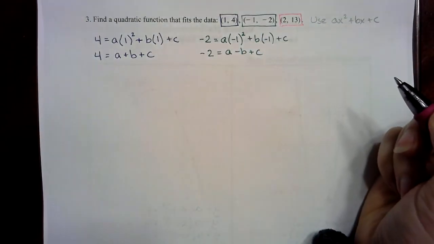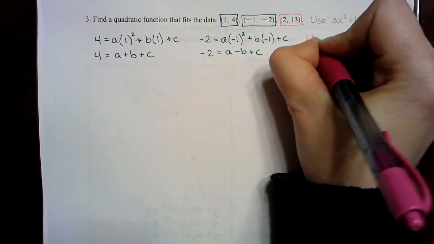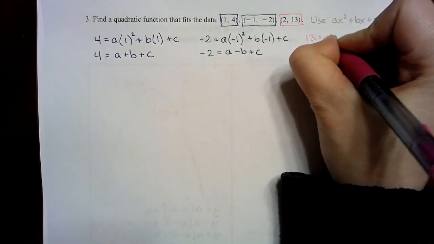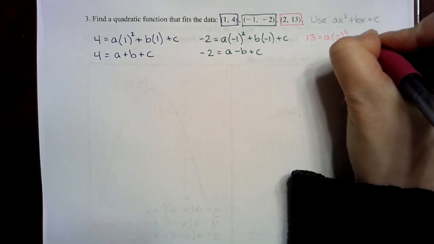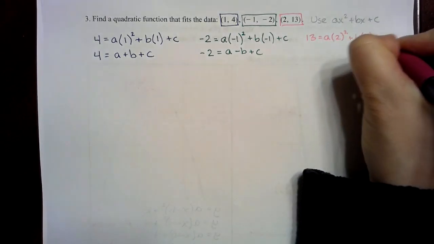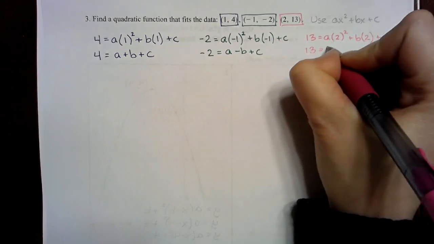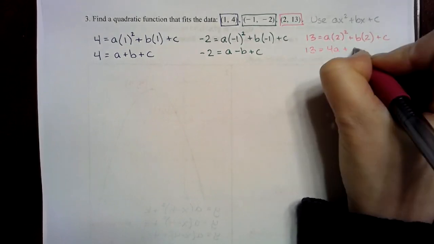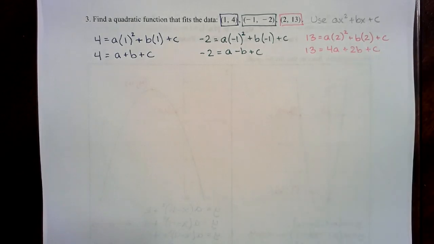And then I'll do the same with the last point. My y value is 13, so 13 equals a times 2 squared plus b times 2 plus c. So 13 is 4a plus 2b plus c.